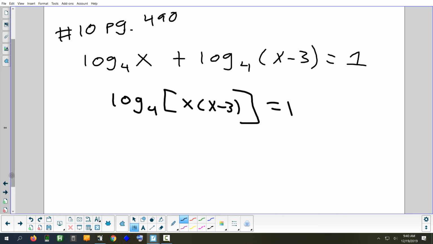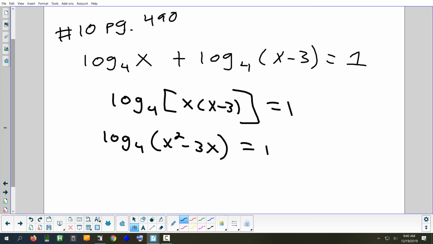Now we should distribute that out. Alyssa, what do you get when you distribute that out? X squared minus 3x. Now I'm just going to use regular parentheses because I don't have two sets of grouping symbols anymore. I did the distributive property, so that got rid of one set of my grouping symbols.